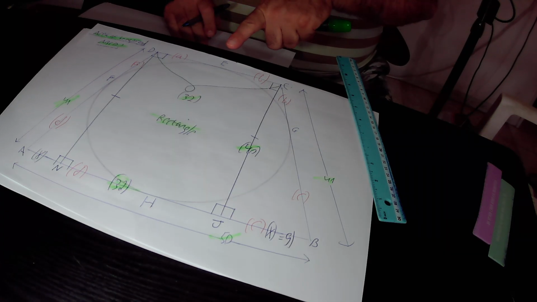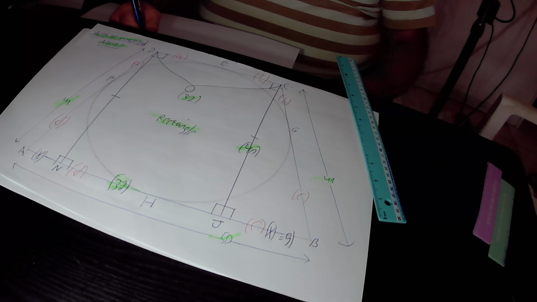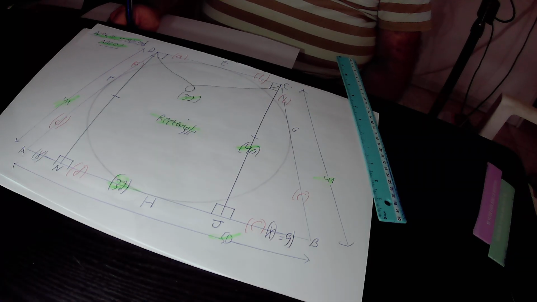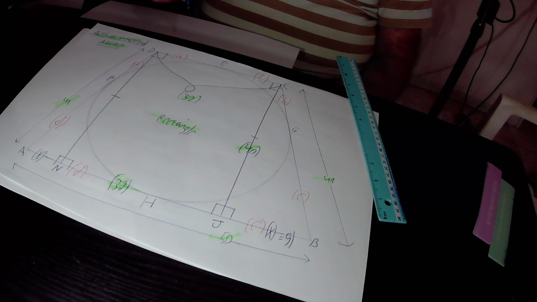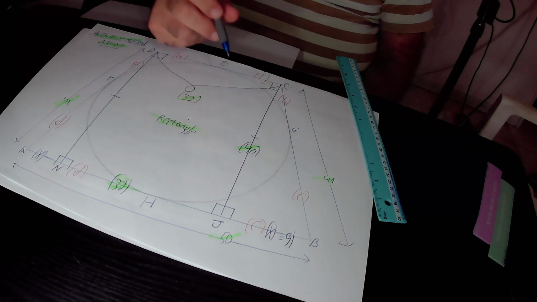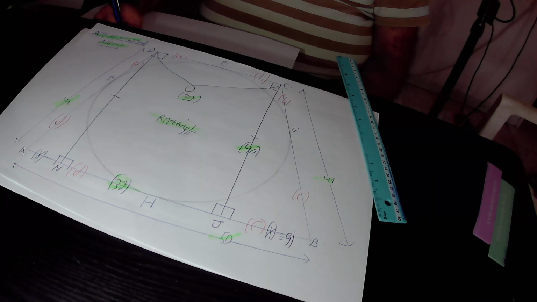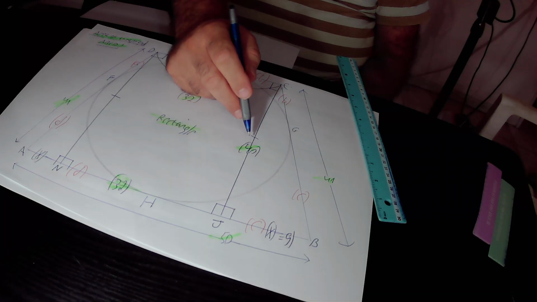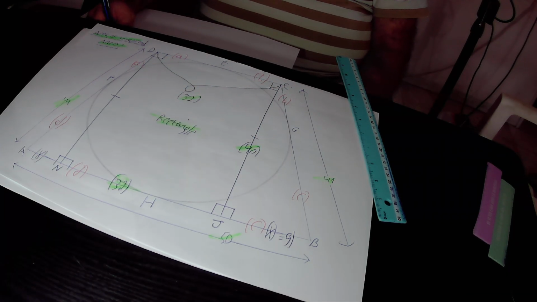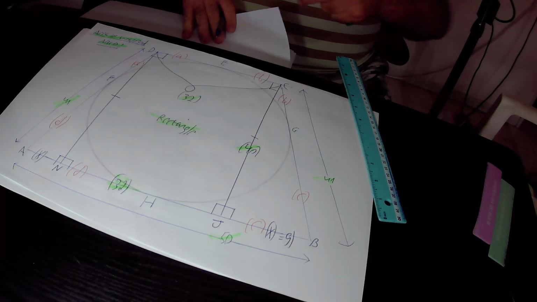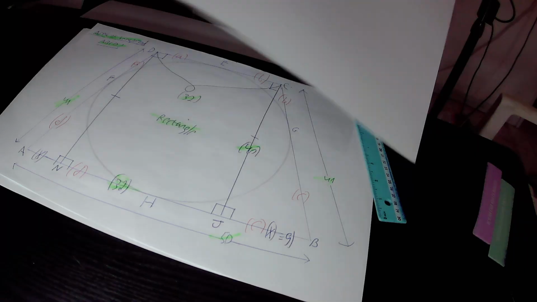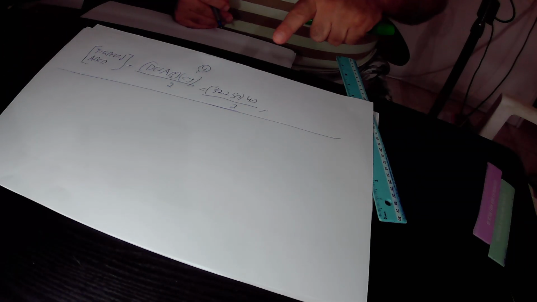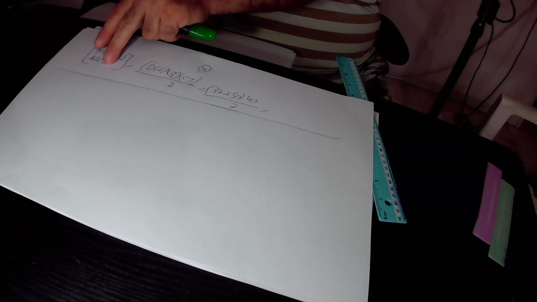DC is 32 plus AB, AB is 50, times CJ, CJ is 40, over 2. So in total, we found that the area of this trapezoid ABCD is equal to 32 plus 50 times 40 over 2. 32 plus 50 is 82.